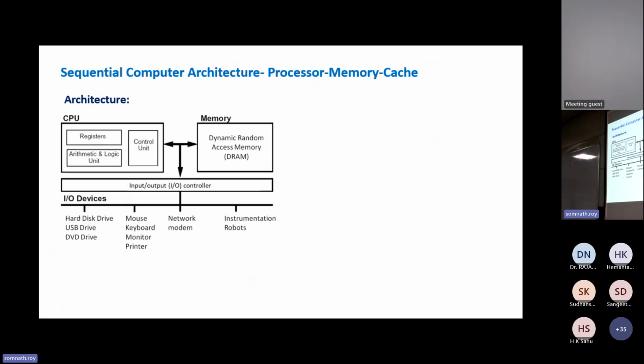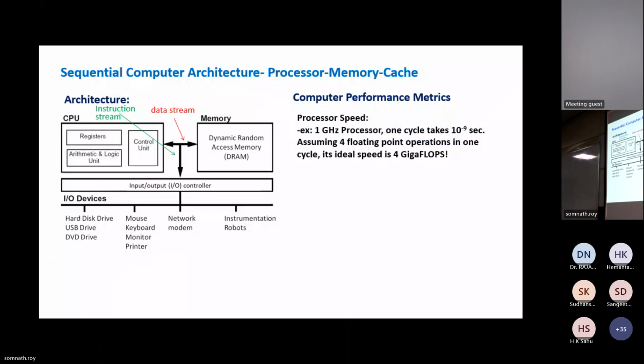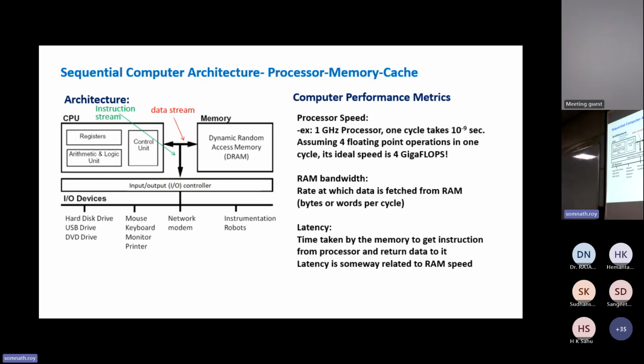So what is the advantage? If we really go back to our computer system, in between memory and CPU, as I was telling, if we have a 4 gigahertz processor, ideally it would give us 4 gigaflops. But we get much smaller, because pulling the information from memory and keeping it in a register is a slow process.